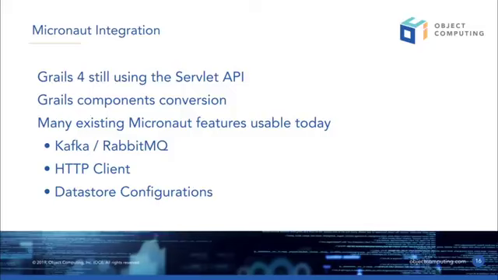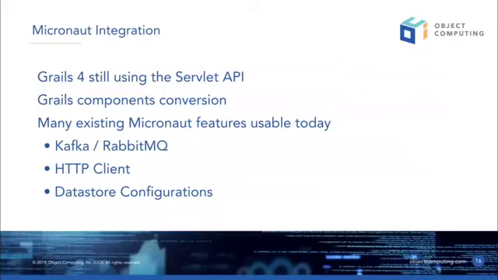We're going to be converting any Grails plugins or internal components that we use to Micronaut over time. And the idea there is to improve the performance of your Grails applications. So the more of the beans that get created with Micronaut, the faster your application will be, basically.